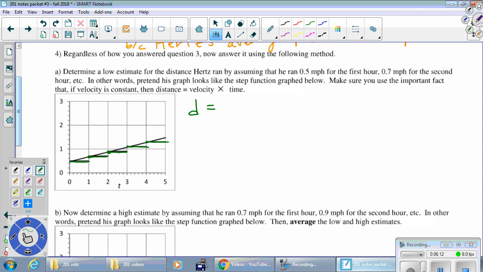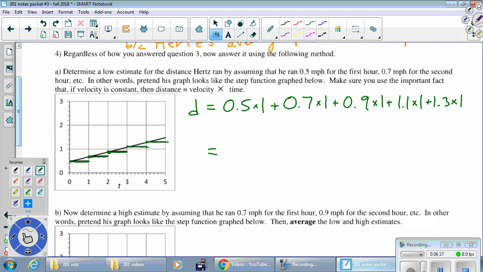So the velocity in the first hour we're assuming is a constant 0.5 times 1 hour, plus, that's just the distance for the first hour, but now in the second hour, it's 0.7 miles an hour times 1 hour. Third hour, 0.9 miles an hour times 1 hour, plus 1.1 times 1 plus 1.3 times 1.